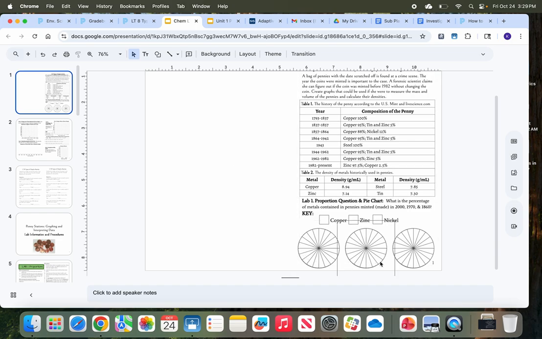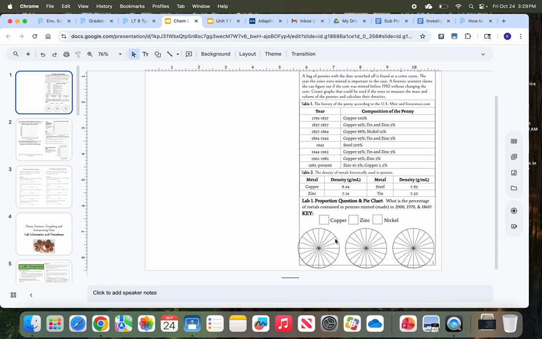When you do lab 1, you are creating a pie chart, and just so you know, each box here is one of the metals that pennies are made of, and you'll need to create a color code key in the boxes. And each slice of the pie is worth 5%. You are also graphing the composition of the penny from just these 3 years.